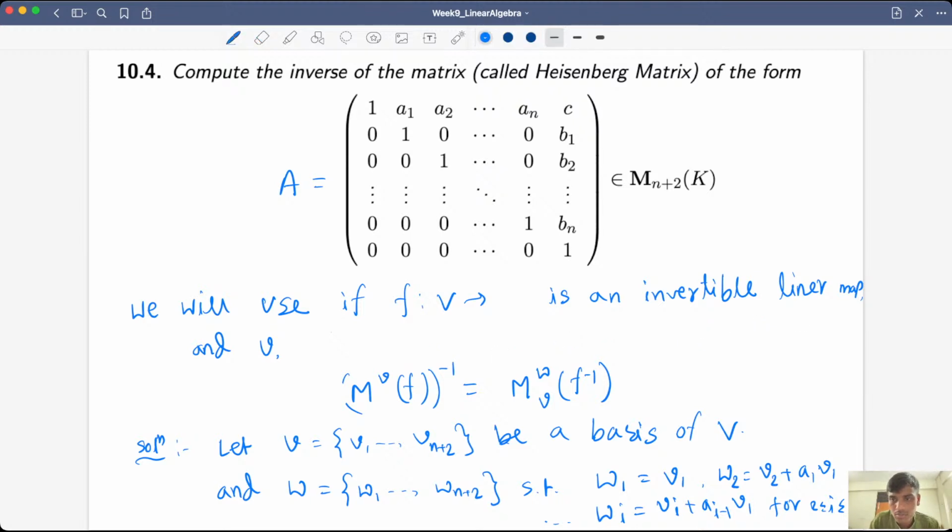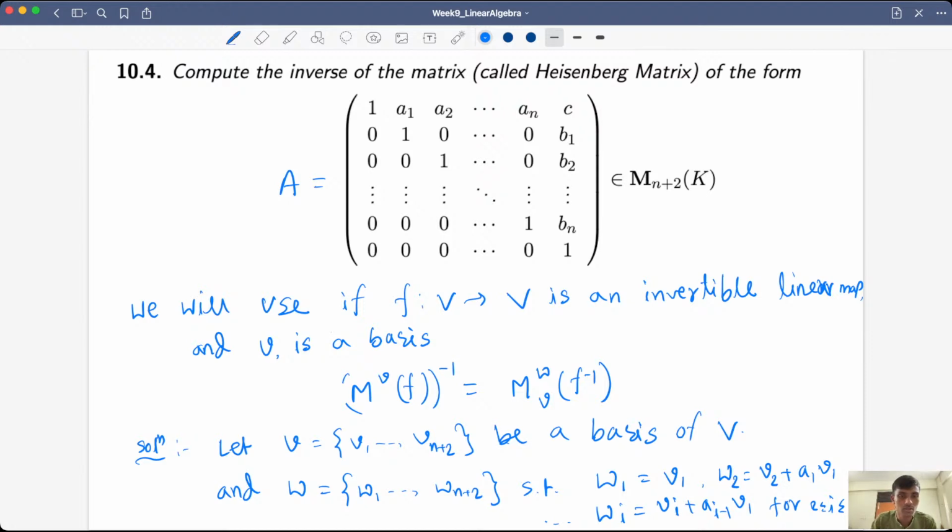It is also true that whenever you have an invertible linear map, it takes a basis of that vector space to a basis of the other.